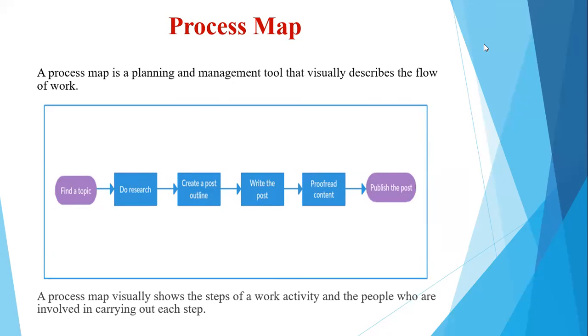Yes, ma'am. Is it a manufacturing organization? Yes, and in application development, we can also use a process map. Okay. So what does a process map essentially tell you? It's a process which can show the flow of the exact execution of the process.